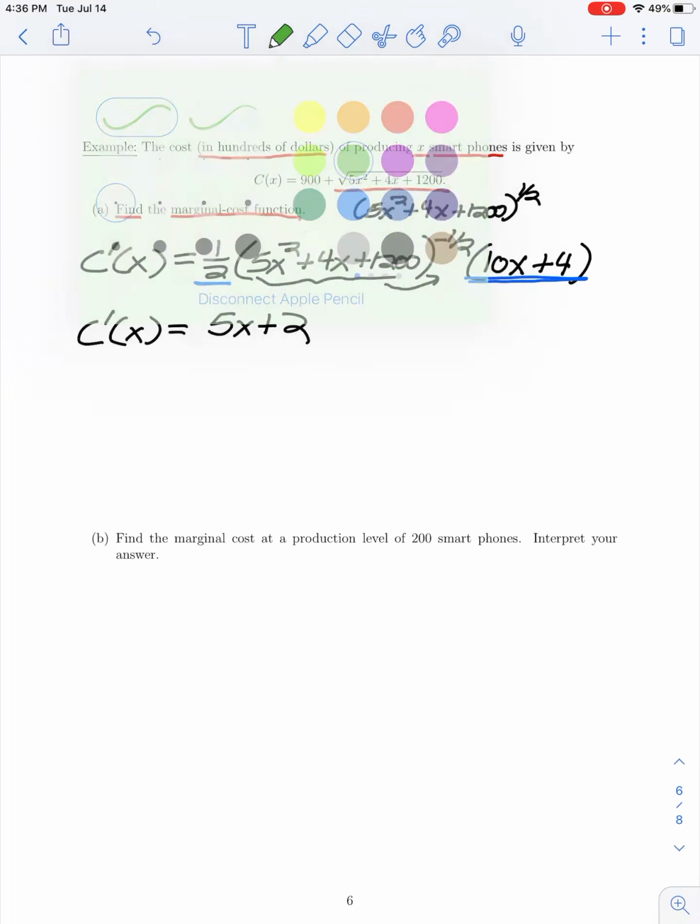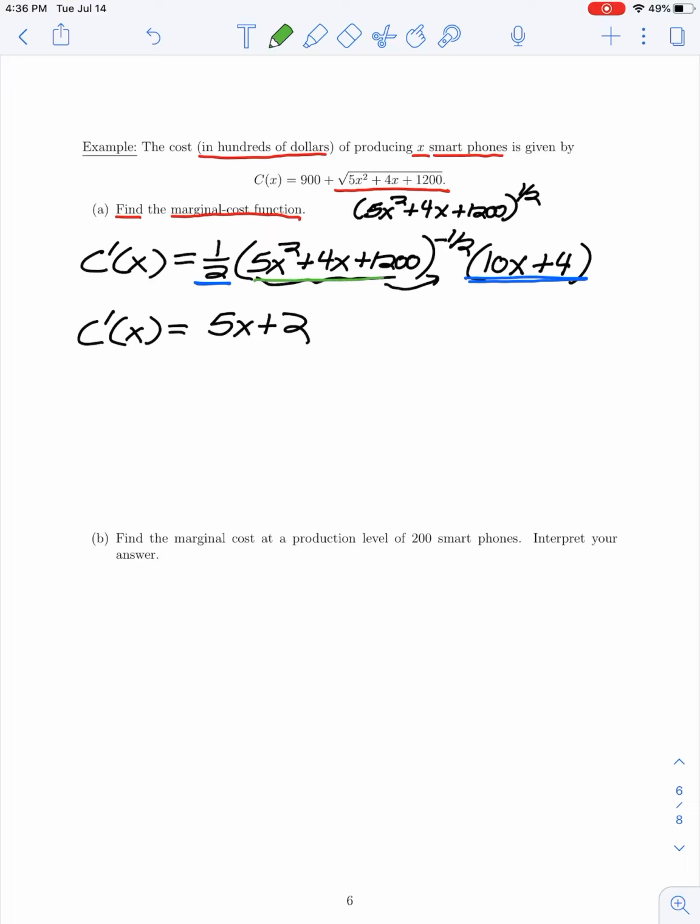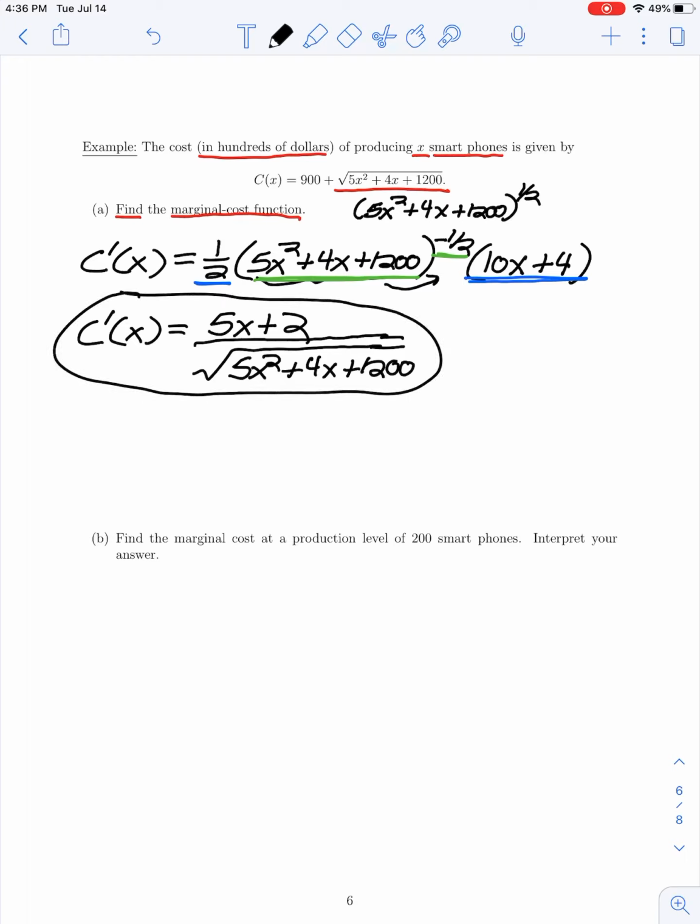The expression that we're left with, this polynomial raised to the negative 1/2 power, recall is the same as dividing by the square root of that polynomial, 5x squared plus 4x plus 1200. So this would be a simplified expression for the marginal cost function.